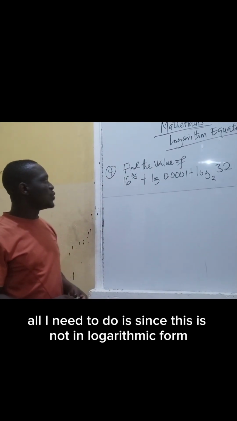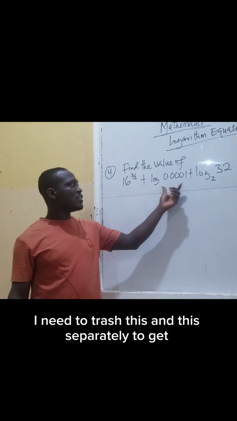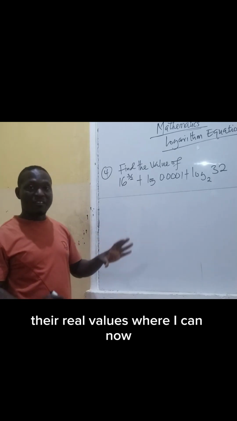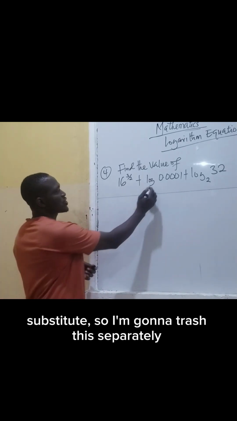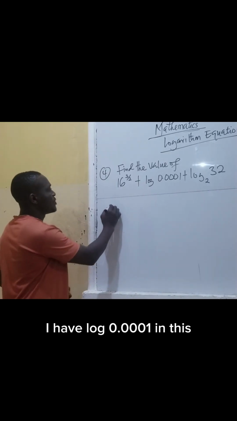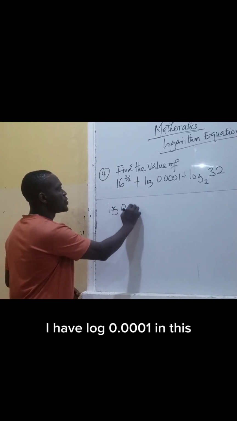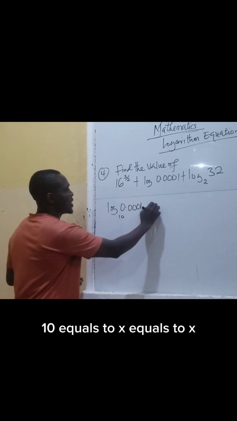All I need to do is, since this is not in logarithm form, I need to solve this and this separately to get their real values, which I can now substitute. So I'm going to solve this separately. I have log 0.0001 in base 10 equals x.